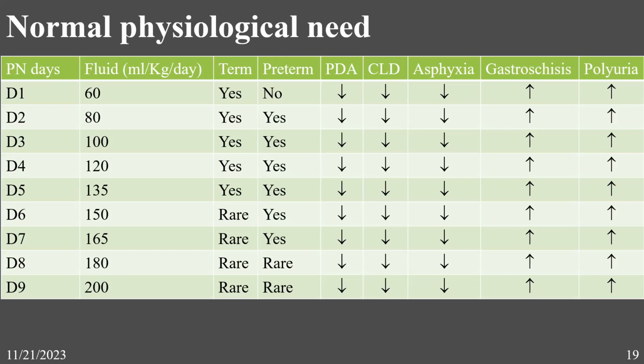Now we have day 1. People confuse between day 0 and day 1. For our unit, we'll use the following: anything born before midnight is considered day 0. So if the baby is born at 1 a.m., until the next midnight, the 23 hours, is considered day 0. If the baby is born at 8 a.m., from 8 a.m. till midnight is all day 0.